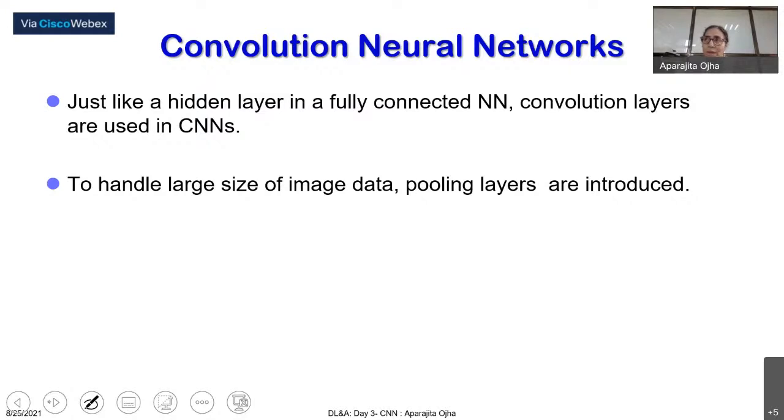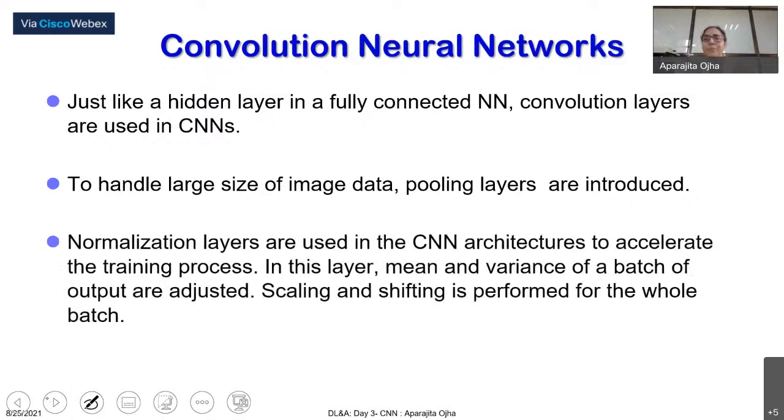Now, to handle large size data, because images are generally of large size, pooling layers are also introduced in a convolutional neural network. And there are certain layers known as batch normalization layers, or normalization layers. They are used in CNN architectures to accelerate the training process.